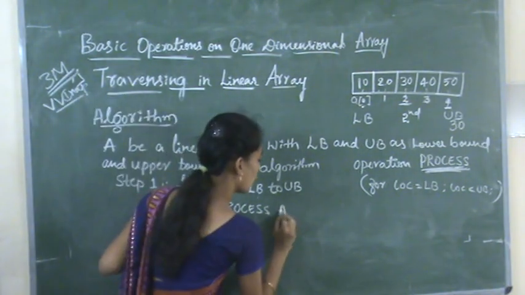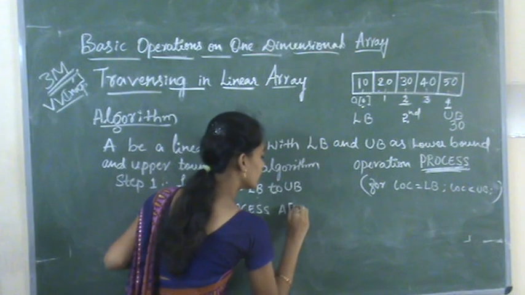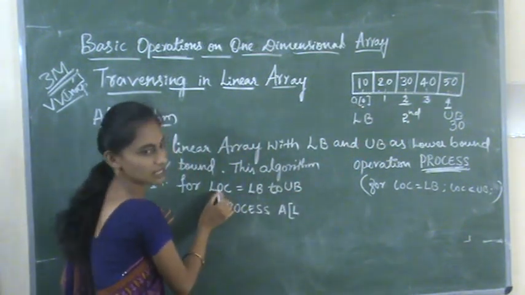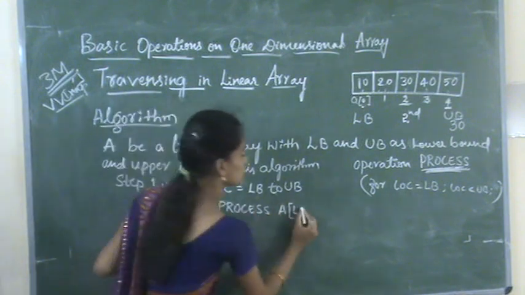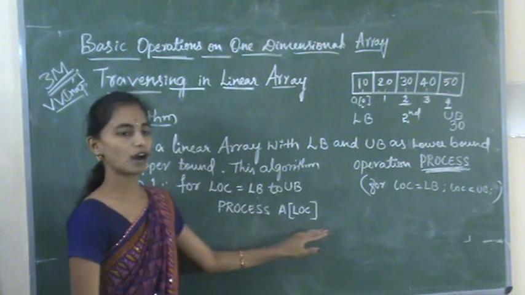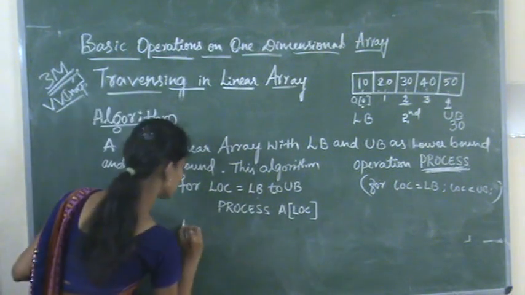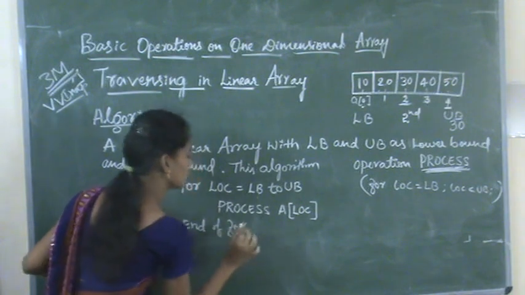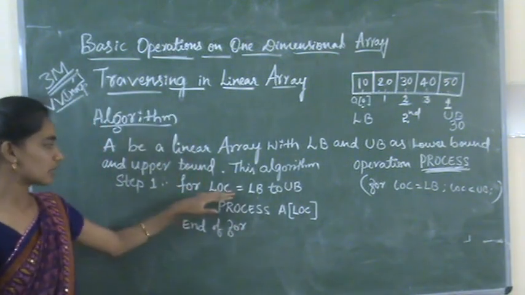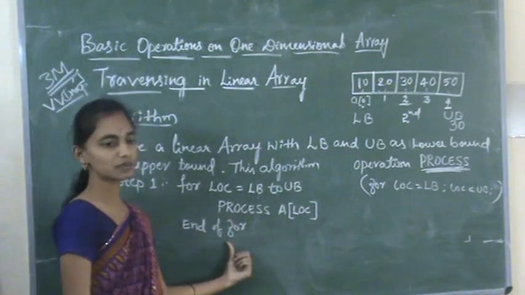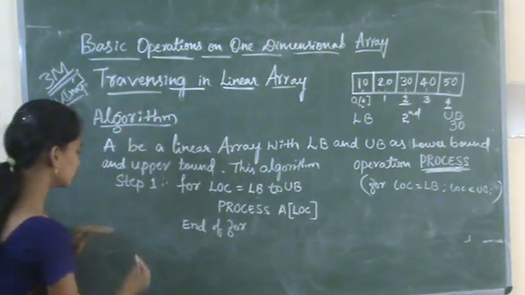So A of, here index 0, 1, 2, 3 are taken as LOC. So process A of LOC, end of for. This is the end of this for loop. After processing all the elements, this becomes the end.